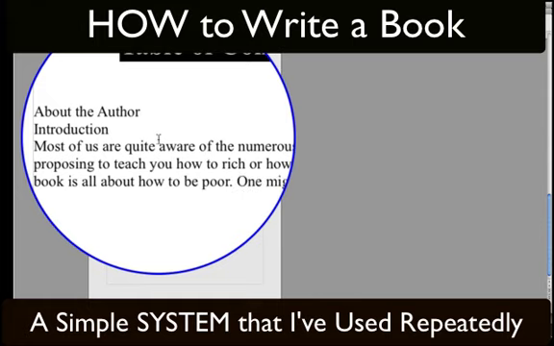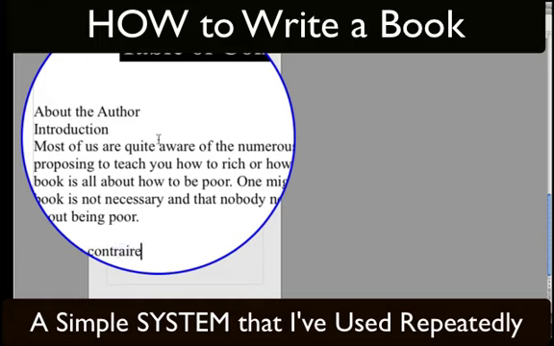One might think that such a book is not necessary, and that nobody needs to learn anything about being poor. I say au contraire.